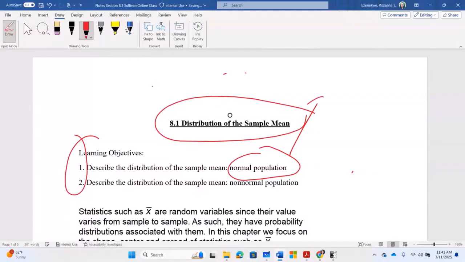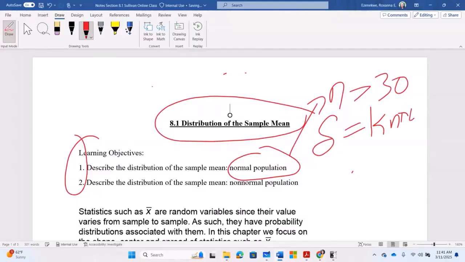Whenever it's a normal population, the sample size must be greater than 30, the standard deviation of the population must be known, and the sample must be a simple random sample, a non-biased sample.